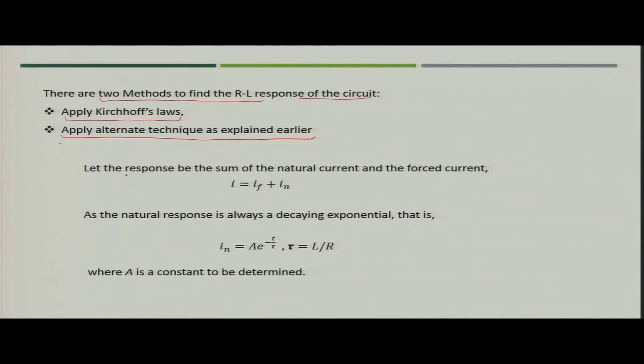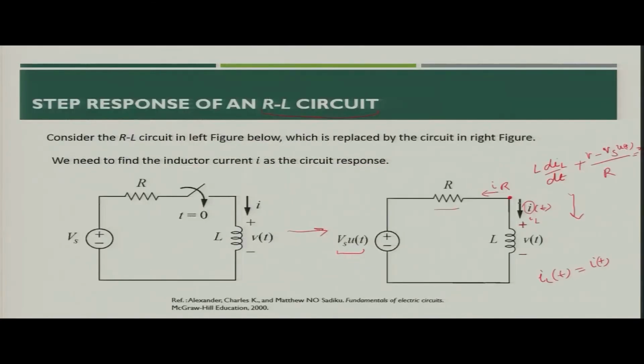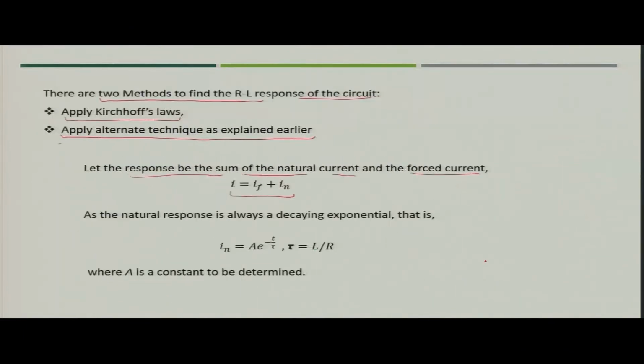Now let us say that the response will be the sum of the natural current and the forced current. The total current I in this figure is through the inductor, so I is IF plus IN, that is forced response plus natural response.